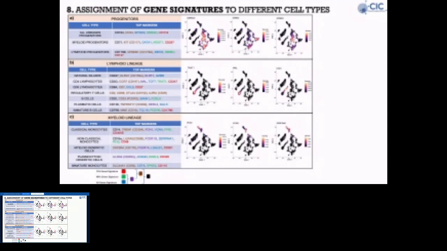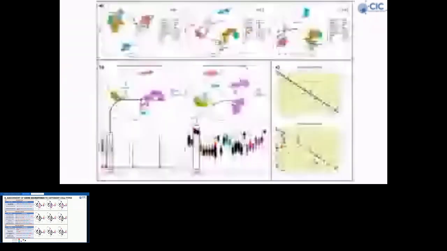We obtained a clustering based on the naive and memory phenotypes, let's say a more functional classification, but not based on CD4 and CD8 markers. We couldn't see differences in the expression of these well-established markers, and that's what we are going to see in the next slide.